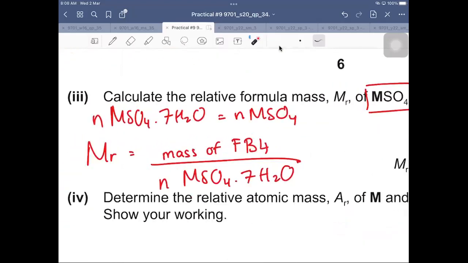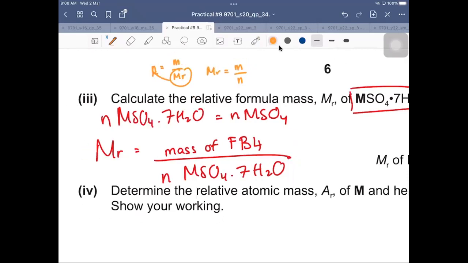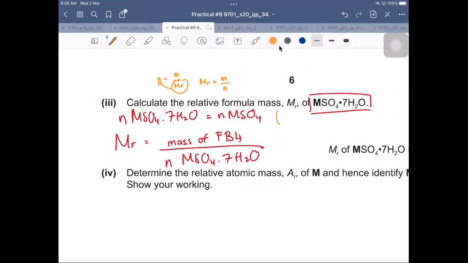So if I know the number of moles and I know the mass of FeSO4, to find the MR, I just rearrange. MR is equal to mass over n. So the explanation for this is 1 to 1.